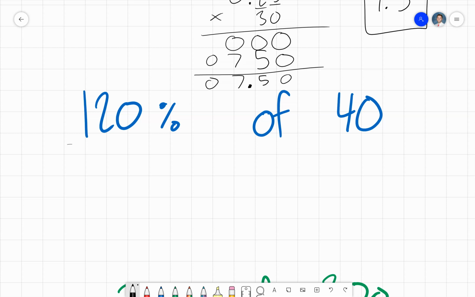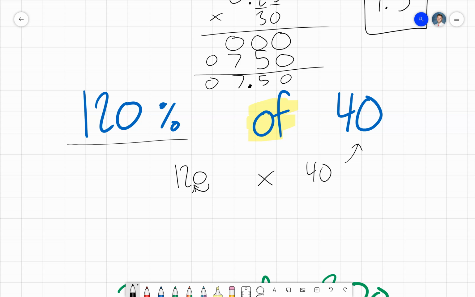120% of 40. So this time, we'll notice 120% is greater than 100%, right? 100% would represent one whole. Now we're looking at 120%. So that's going to end up giving us a number that's greater than 40. So once again, "of" tells us to multiply, and we have 120% times 40. So let's turn our percent into a decimal here.